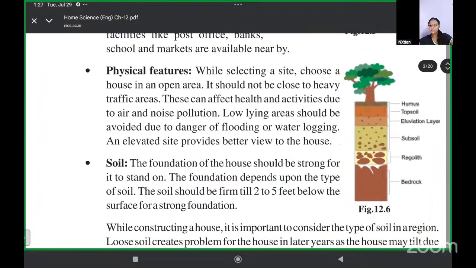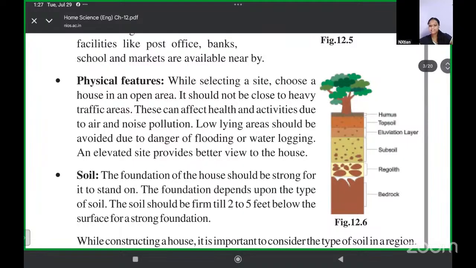Then there are also physical features. While selecting a site, choose a house in an open area. It should not be close to heavy traffic areas because there would be a lot of noise pollution. If your house is right in the middle of a market, a very busy road or an intersection, it will be very problematic for you.